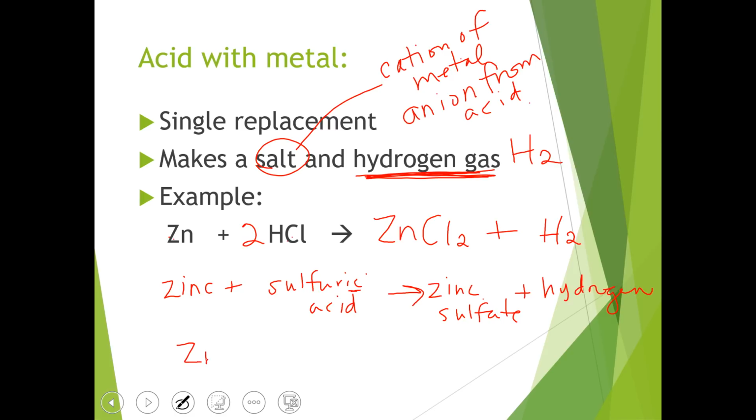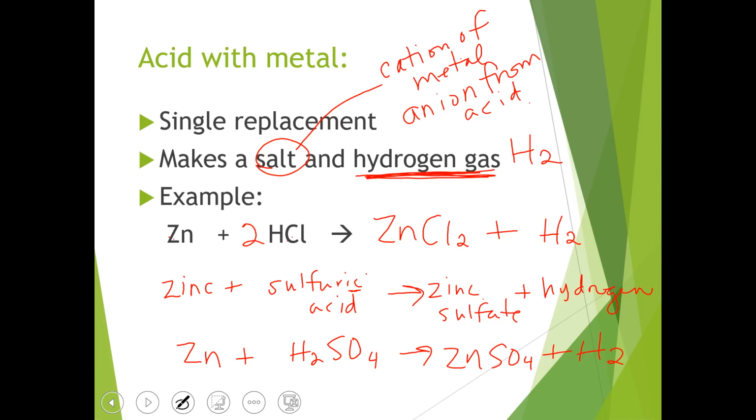And how a balanced reaction would look: the sulfate anion is SO4 minus 2, so we have H2SO4, zinc sulfate, plus 2 minus 2 is just one of each ion, and then the hydrogen is H2. You can see that one's already balanced.